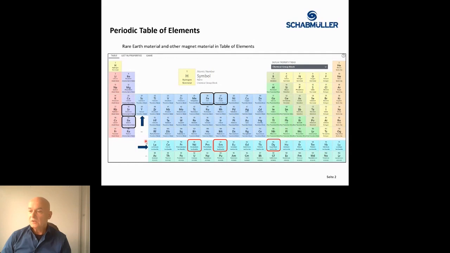The most common and best-known magnet materials are, of course, neodymium, dysprosium, and samarium, well known from the samarium cobalt magnet, and you will find the ferrum, which is in use for the ferrite magnets in combination with strontium and barium. Those materials are not rare earths, just those and those.